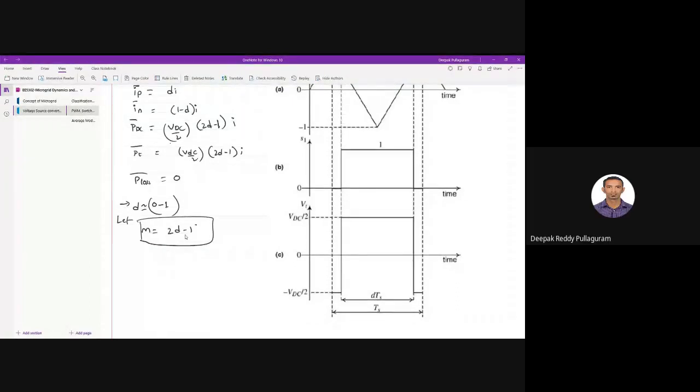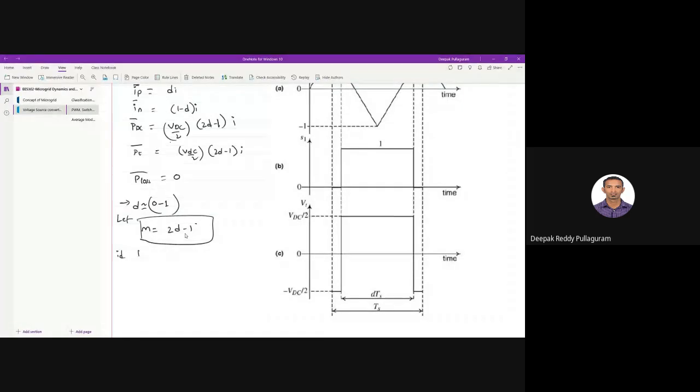Let m equal 2D minus 1. If D varies from 0 to 1, then m varies from minus 1 to 1. So if I create a sine wave which has a deviation from minus 1 to 1, with a magnitude plus or minus 1, somehow I can get a relation of this form.